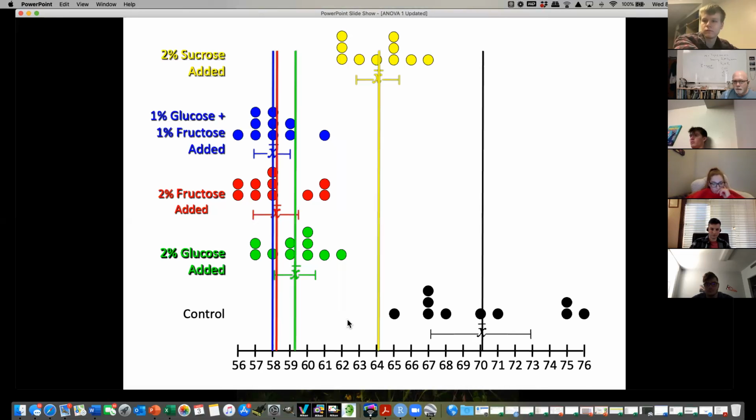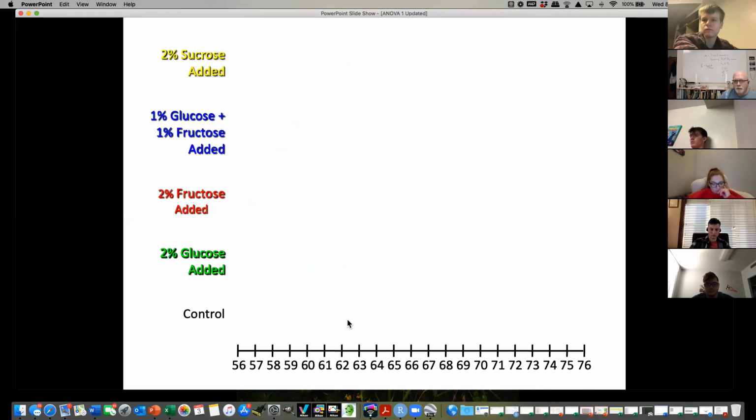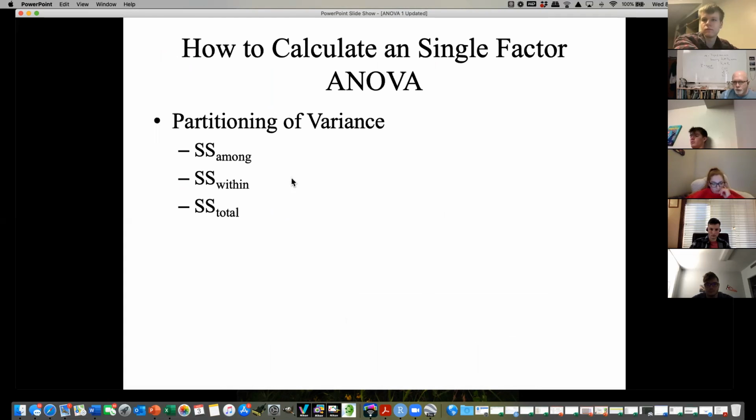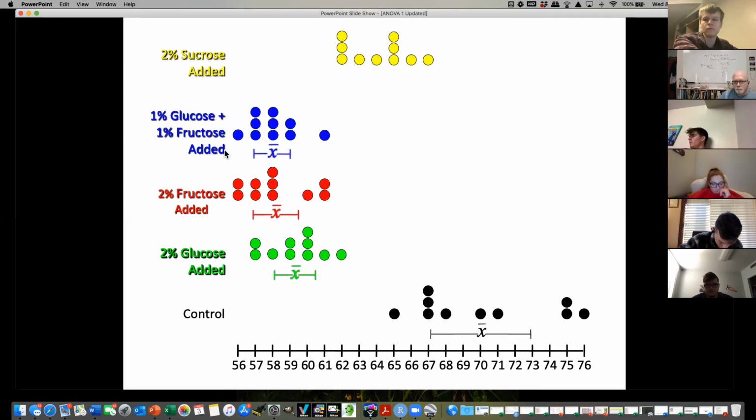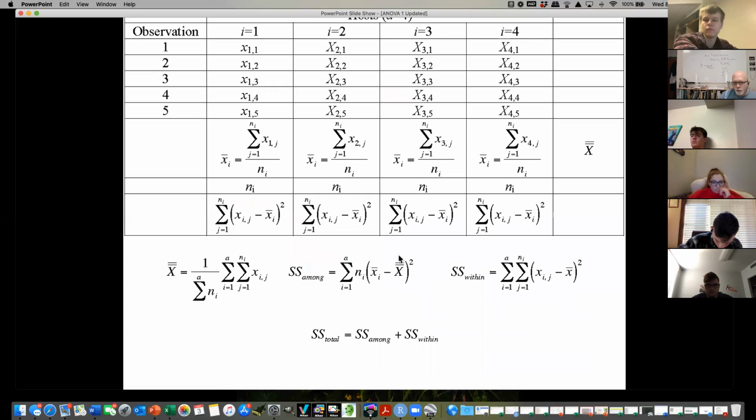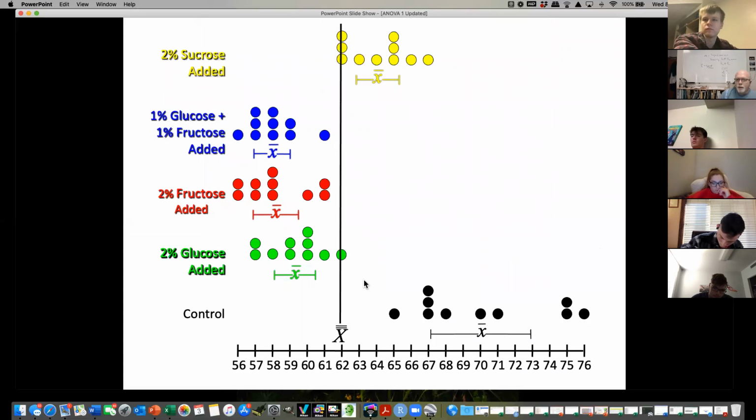That is the sums of squares among. And that's this portion of this complicated table here.